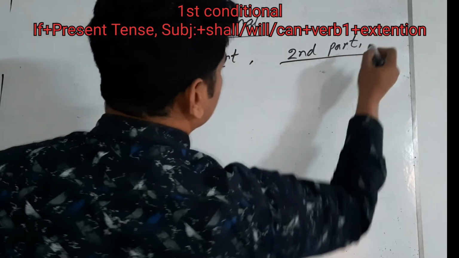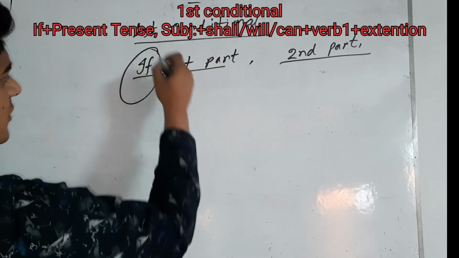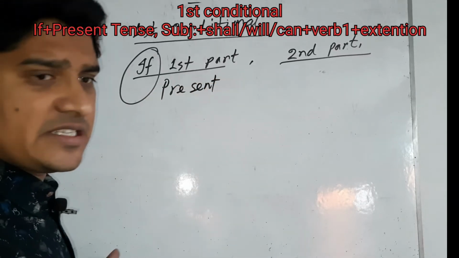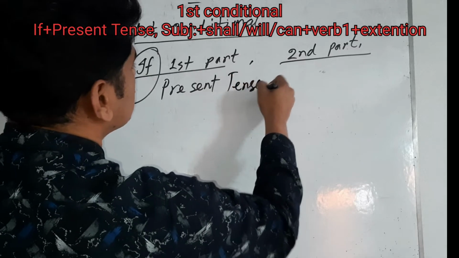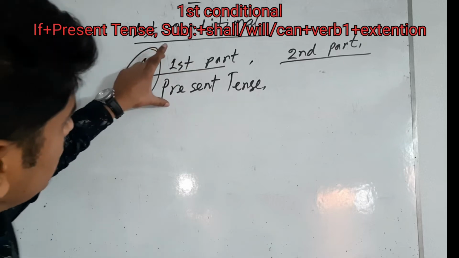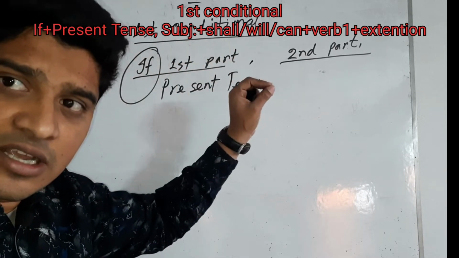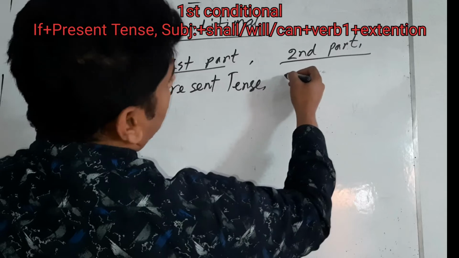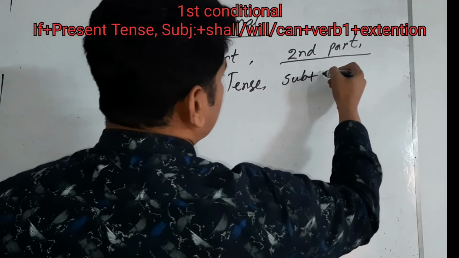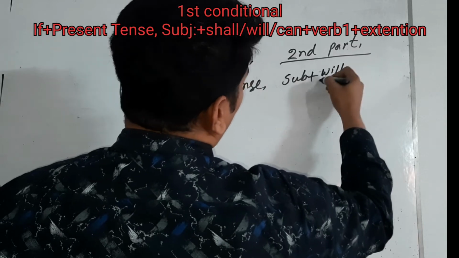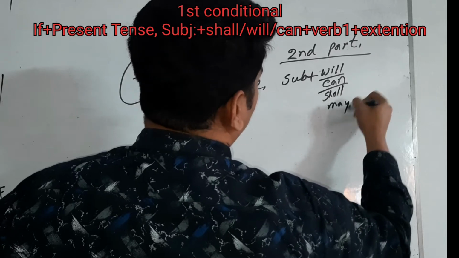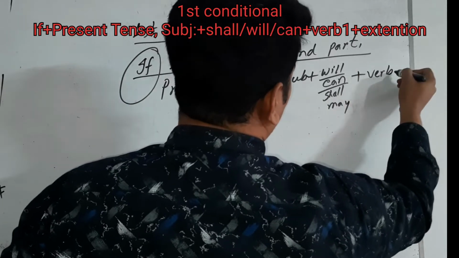If you see present tense in the first part of the if clause, there will be subject plus future indefinite tense, or subject plus will, can, shall, may plus verb one.